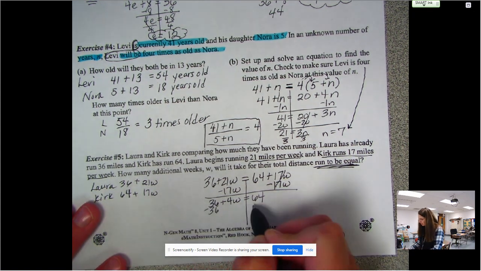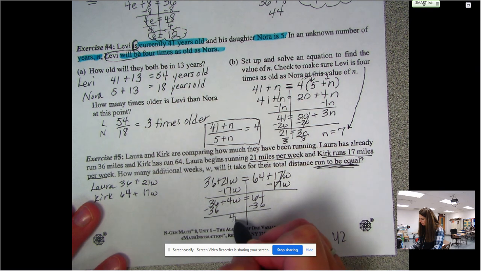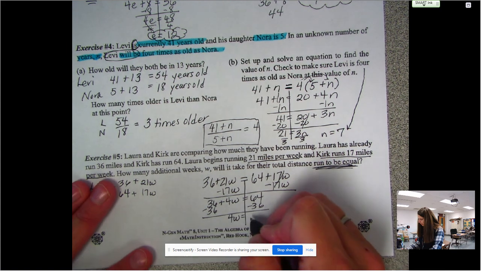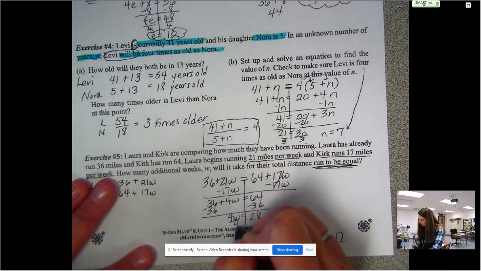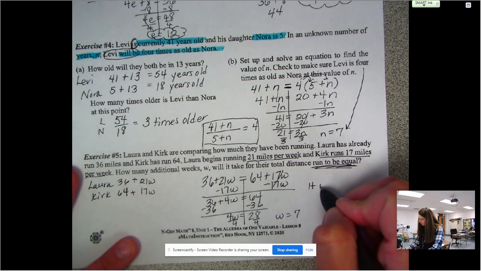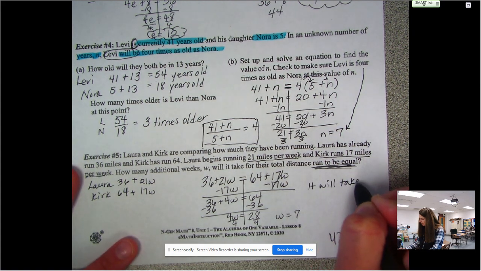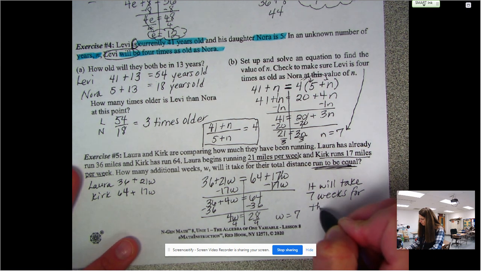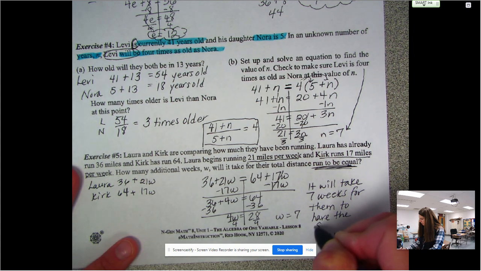Moving that 36, we get 4W equals, let me check my work, 28. Dividing by my coefficient, I get W equals 7. So it will take 7 weeks for them to have the same distance.